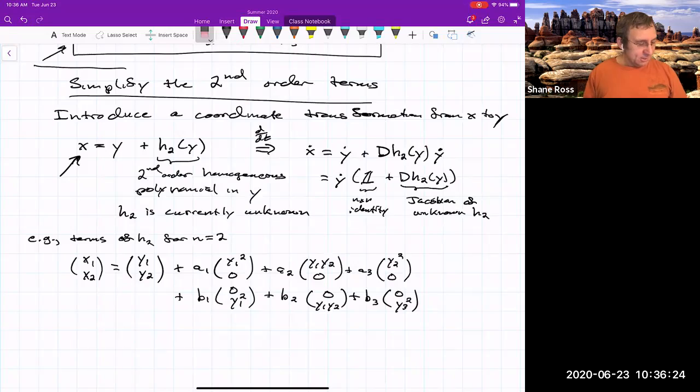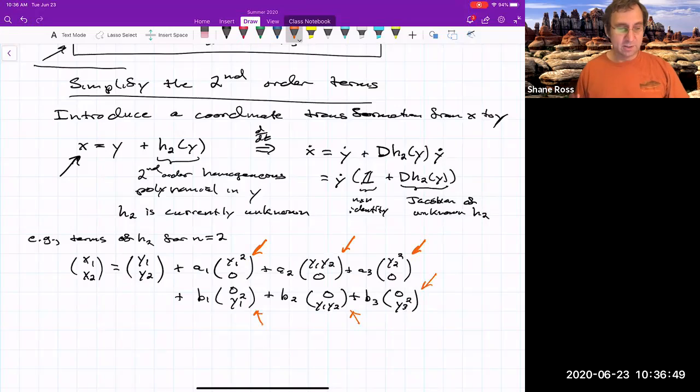What we need to say something about here is that the space of vector valued homogeneous polynomials of degree 2 on Rn is a vector space with basis elements. What I've written here are the 6 basis elements of the second order polynomials for the case n equals 2.